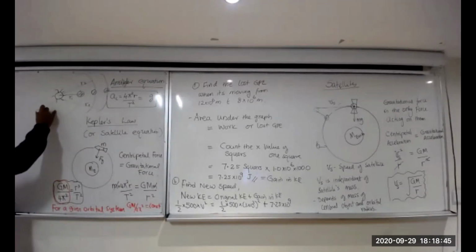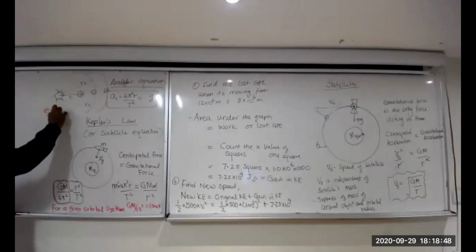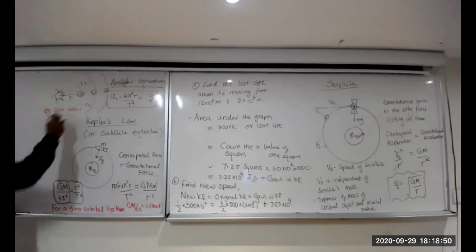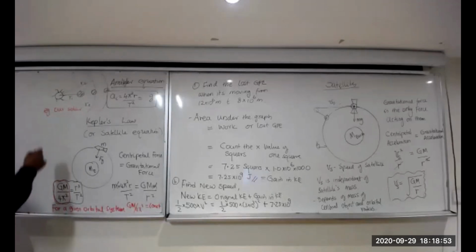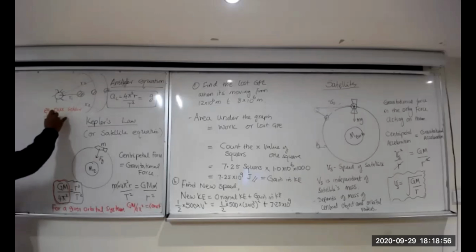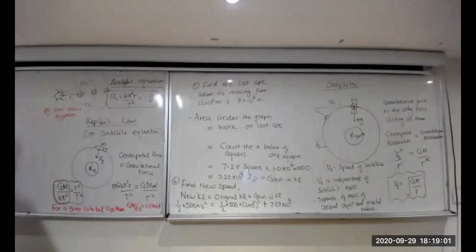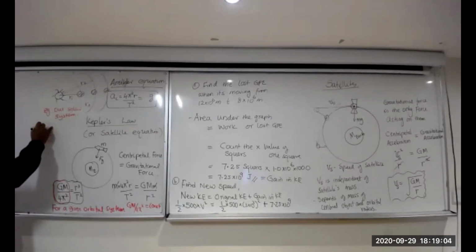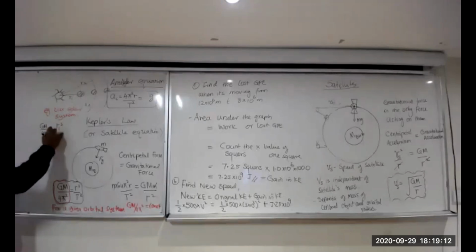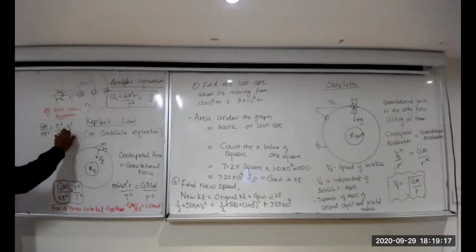Or maybe some moons around, or maybe our satellites orbiting around the Earth. Therefore, we can write this equation saying that GM on 4 pi squared equals R1 cubed on T1 squared, R2 cubed on T2 squared, R3 cubed on T3 squared, and so on.